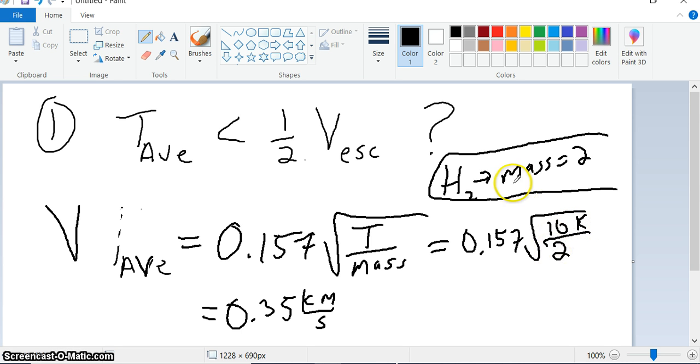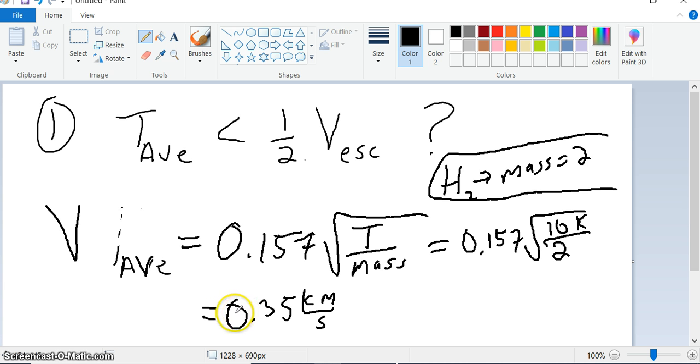And they tell us to use molecular hydrogen. And so molecular hydrogen would have a mass of 2. And so when you do this, don't forget, you got to take the square root of 5 times 0.15. And so you get approximately 0.35, and the answer comes out in kilometers per second.